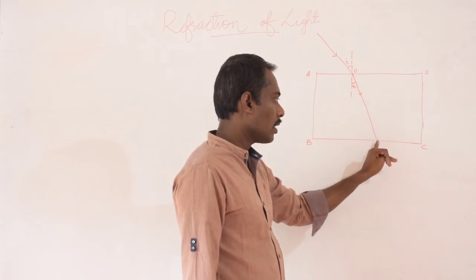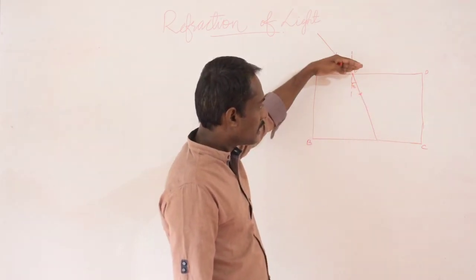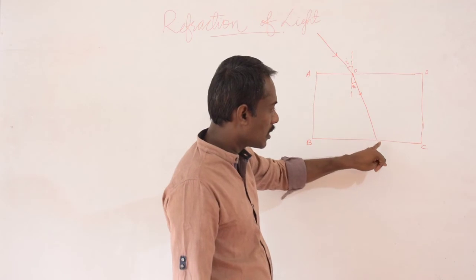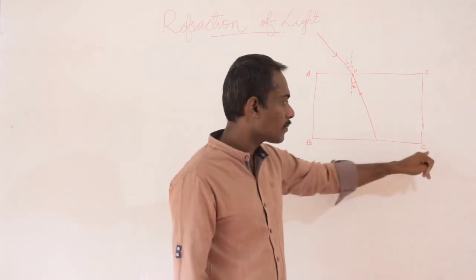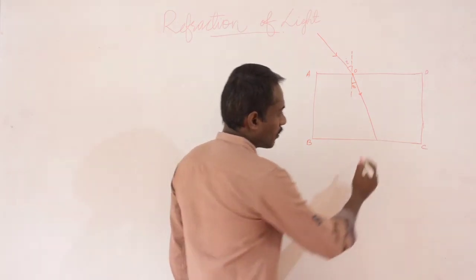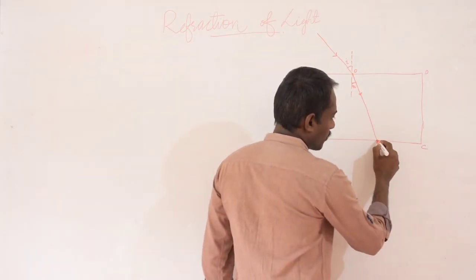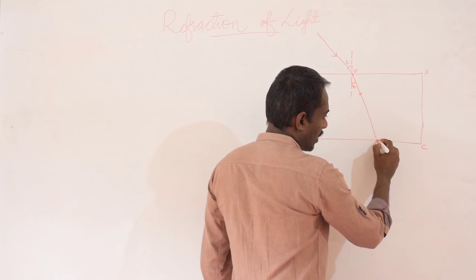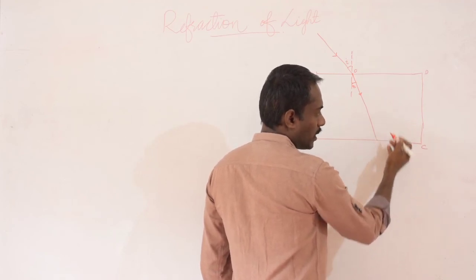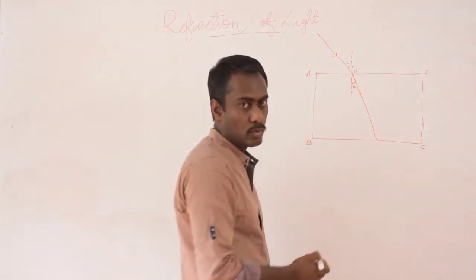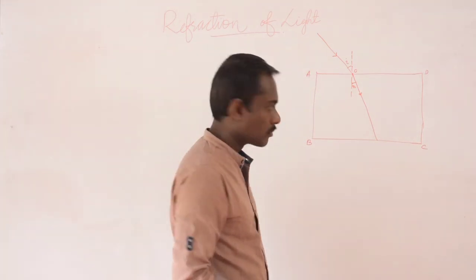The refracted ray then reaches the other interface of the glass slab, the side BC. This is the direction of the refracted ray, and here is the interface of the two media, glass and air.